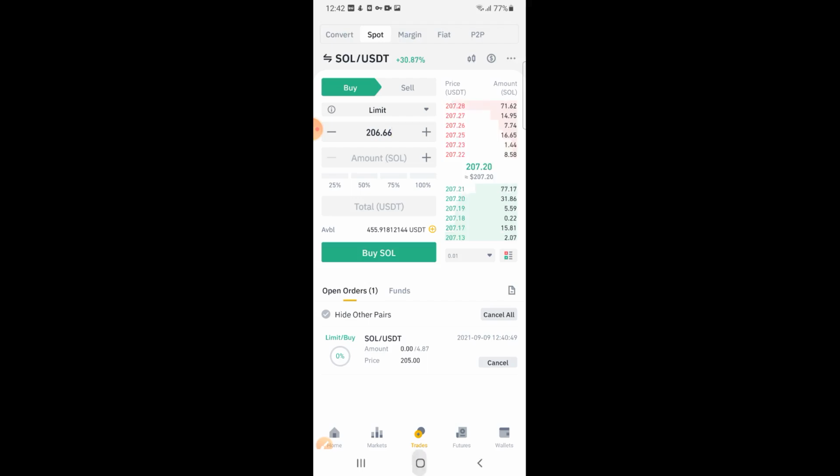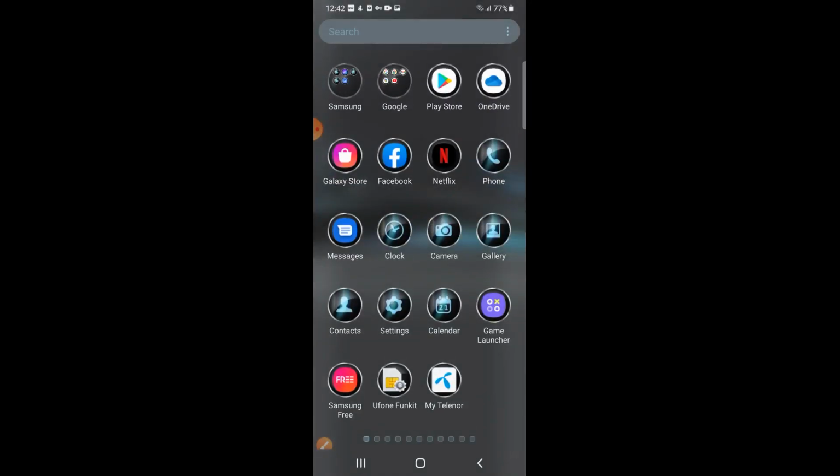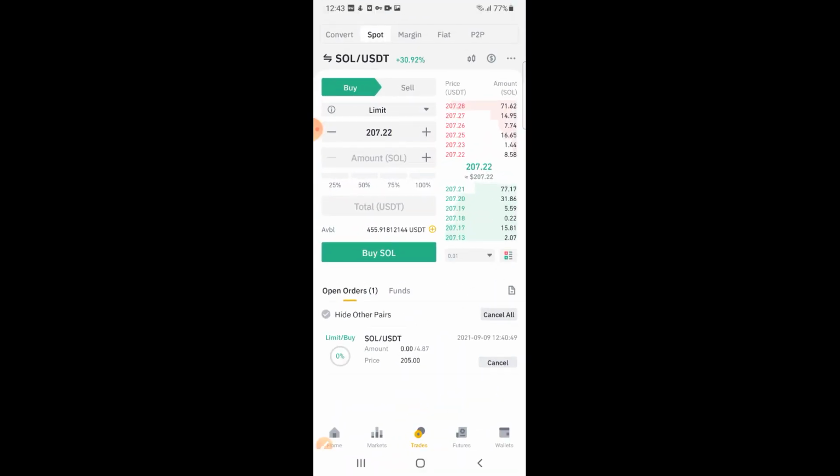I am showing you again on the TradingView chart, but I am showing you on the computer screen. You will clearly understand. Now I am again on my screen.